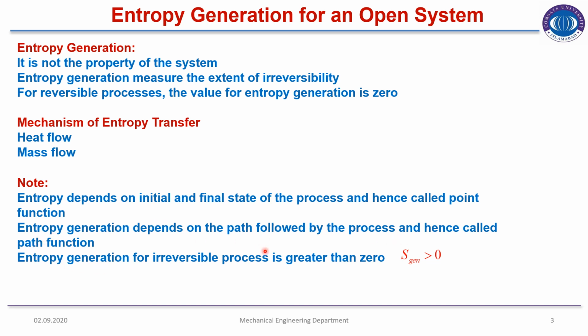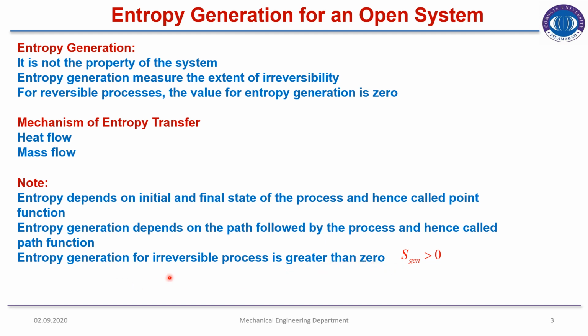So if the path that is followed has greater irreversibility, such as frictional or other parameters that involve irreversibility, then more irreversibility means more entropy generated. So entropy generation for an irreversible process is always greater than 0.